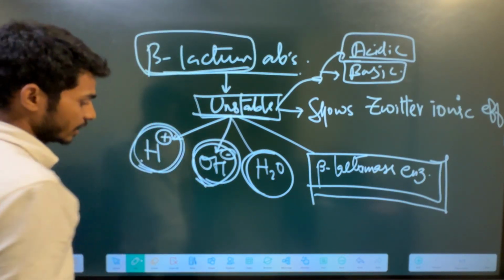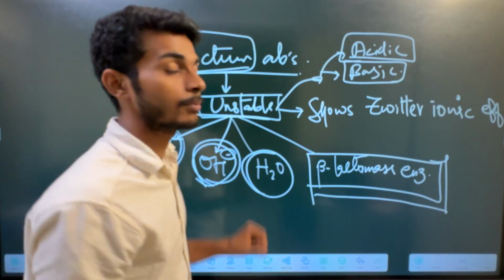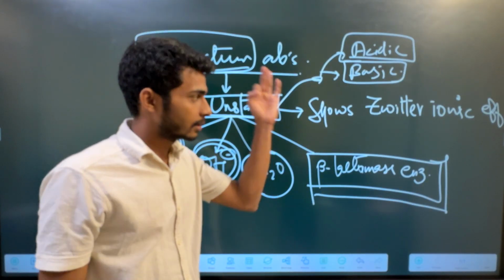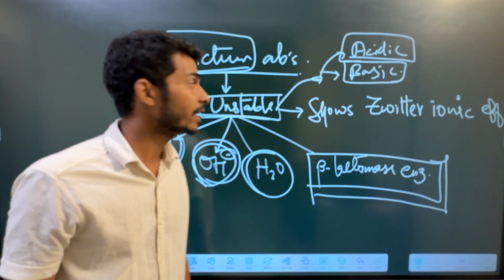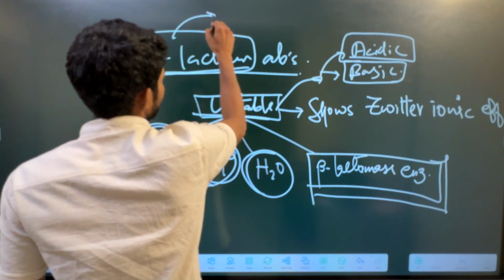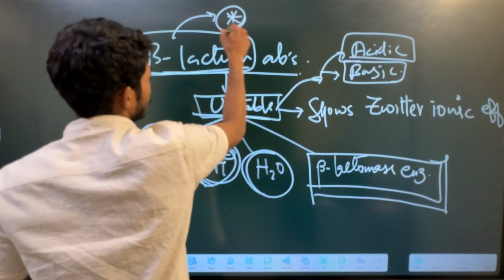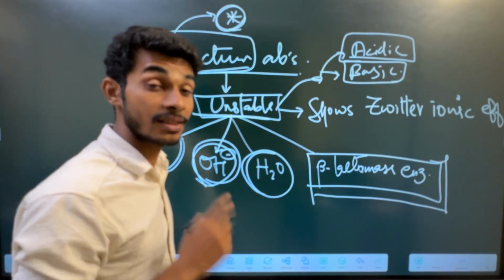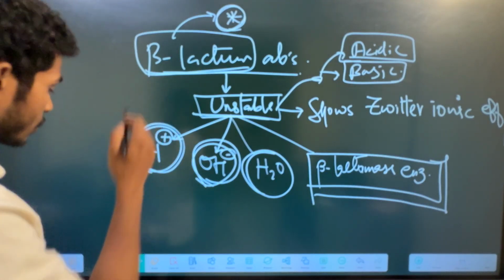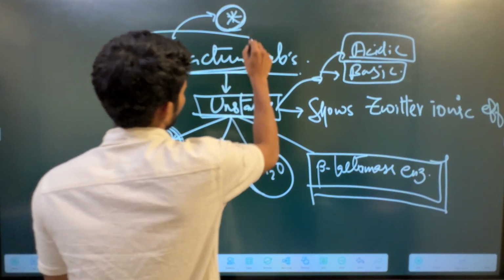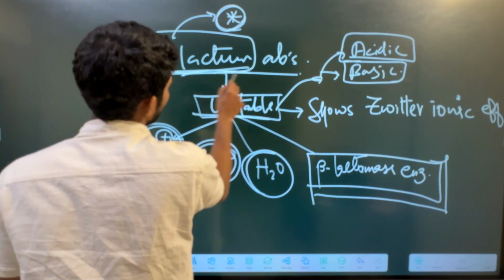Breakdown of the beta lactam ring takes place, and when this beta lactam ring breaks down, the antibiotic activity of the antibiotics will be lost. Why? Because this beta lactam ring is the most important, crucial and essential part of the antibiotics, and it shows the pharmacological action, antibiotic action, because of the presence of the beta lactam ring only.